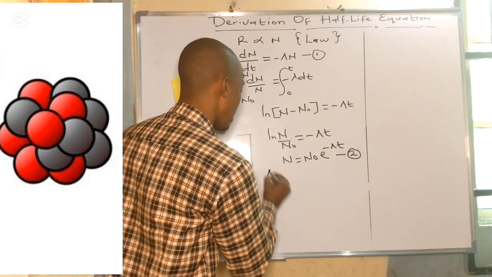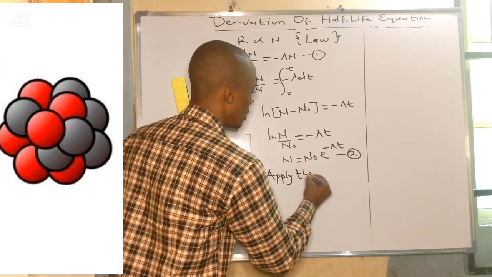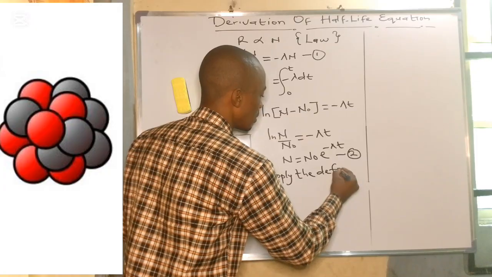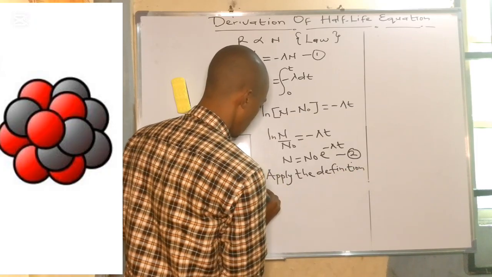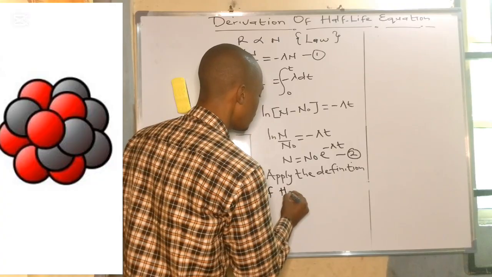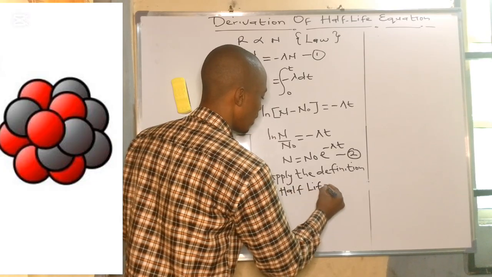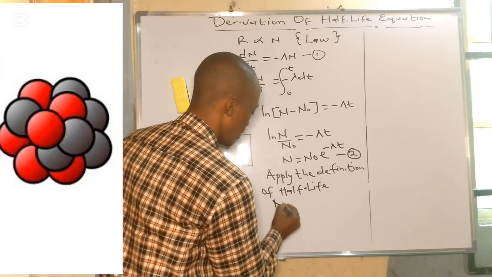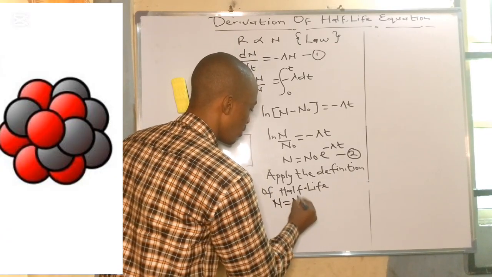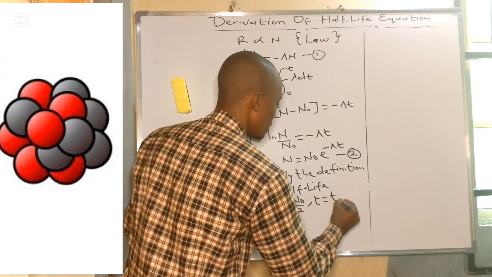So we'll now apply the definition of half-life. If we apply the definition of half-life, what it means is that N will be equal to N naught over 2, and t will be equal to t half.